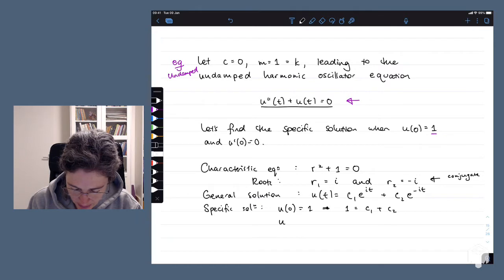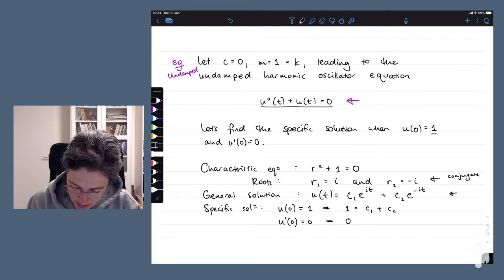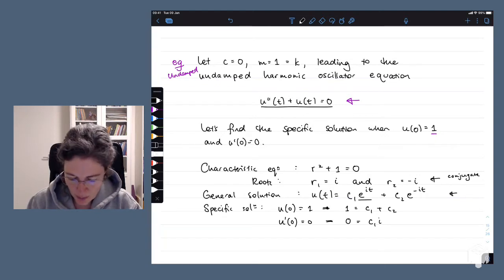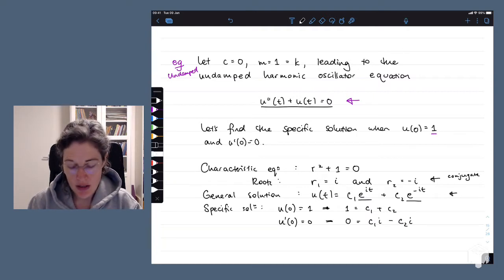And if we plug in that the first derivative at time t equals 0 is equal to 0, then we think about the first derivative of our general function. That tells us that 0 is going to be equal to c1 times i, because when we differentiate we get an i coming out of this term, minus c2 times i, because we get a minus i coming out of that term when we differentiate it.